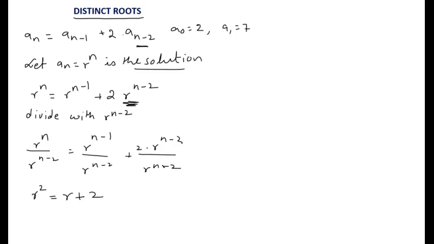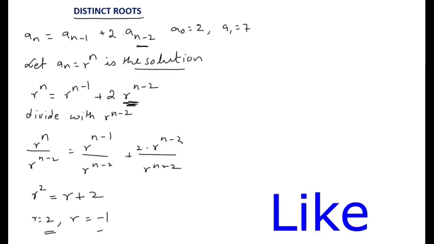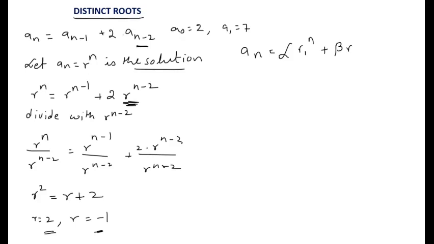Now we need to find the roots for this equation. The roots are r = 2 and r = -1. When roots are distinct, the solution for the given recurrence relation is a_n = alpha into root 1 power n plus beta into root 2 power n.